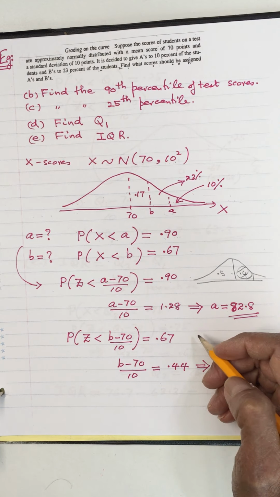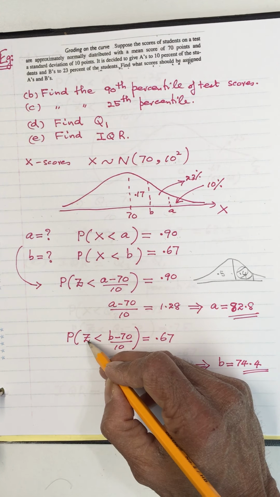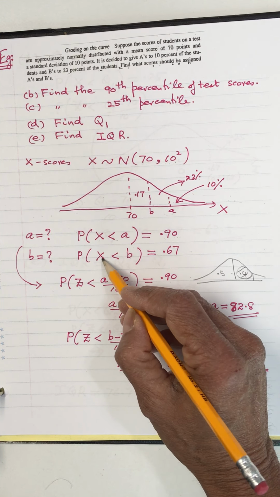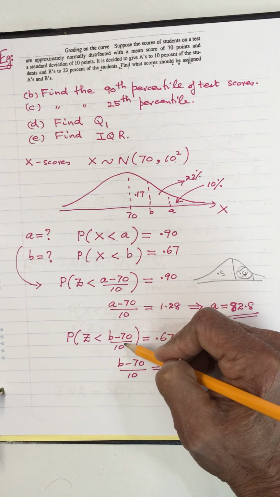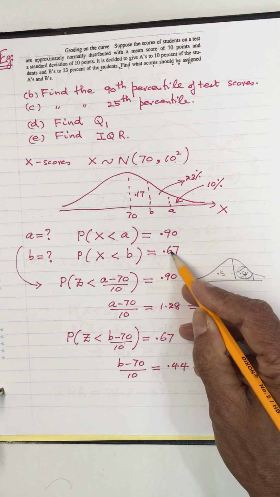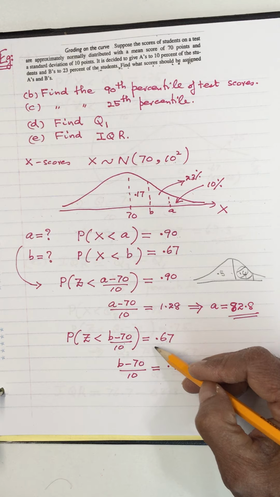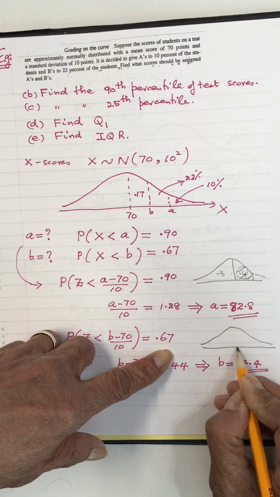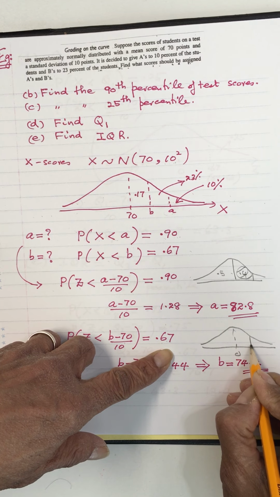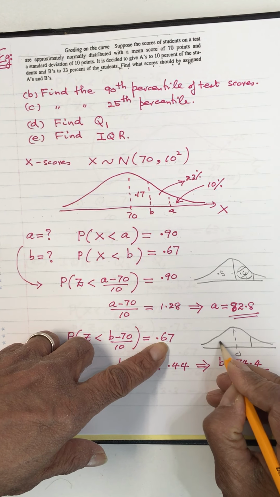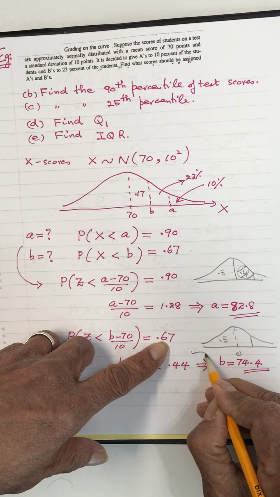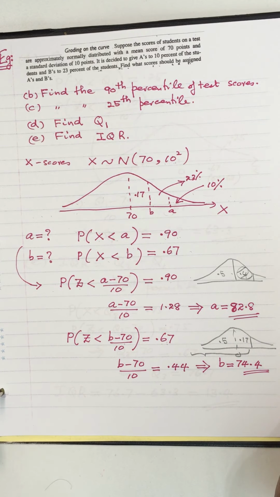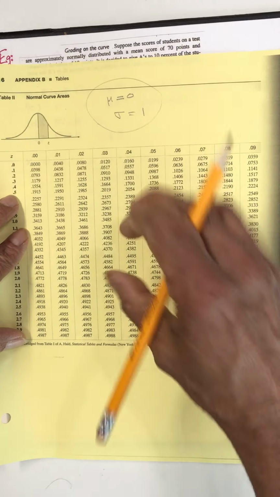Okay, so part B is similar now. Let's convert into z, minus the mean divided by the standard deviation. So this is going to be 0.67. You are looking at 0.5, and the total area all the way from here to here must be that, so 0.17. In the z table, look for 0.17 inside the table.